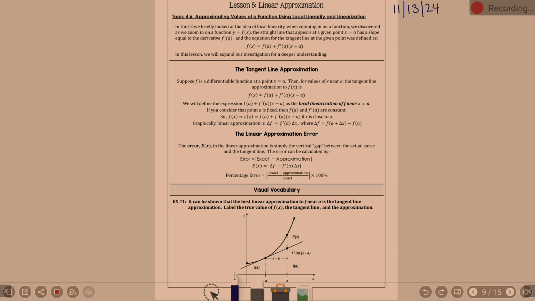We'll realize f(x) is another way to say y. f(a) is like y1, plus f'(a) is another way to say slope, times (x minus x1), or x minus a. So that's the same equation we've used, right?